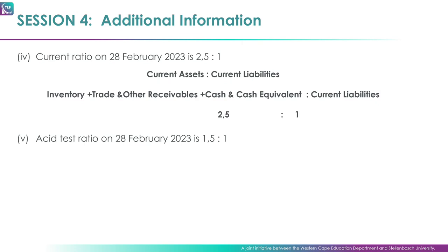When we talk about the current ratio, we are looking at current assets and comparing it to the current liabilities. And what I think sometimes learners forget is it's not just current assets, but rather what goes into current assets. Just a reminder that our current assets is made up of our inventory, which is what? Trading stock and consumable stores on hand.